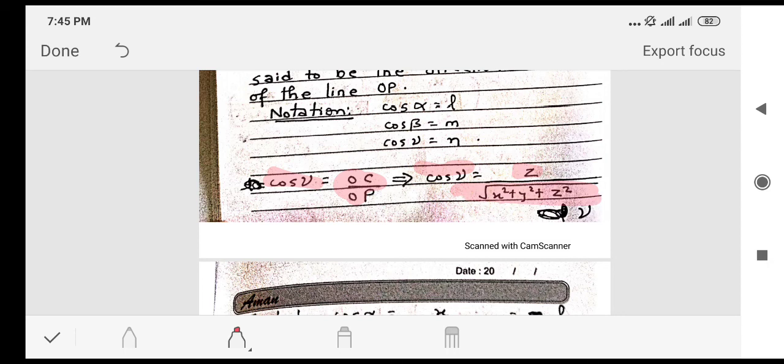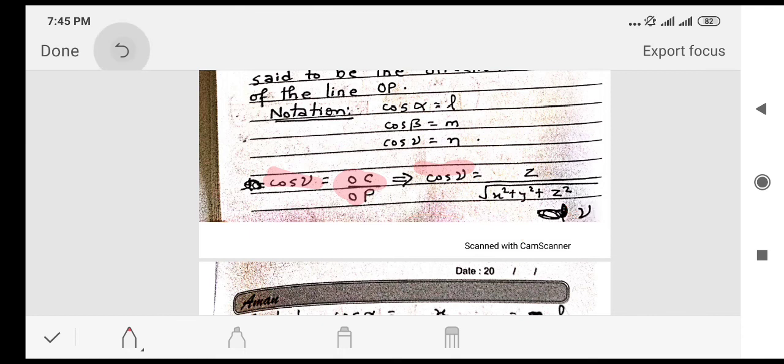This is the direction cosine, and it is denoted by n. So cos gamma is equal to n, and that is given numerically by z upon square root of x square plus y square plus z square.